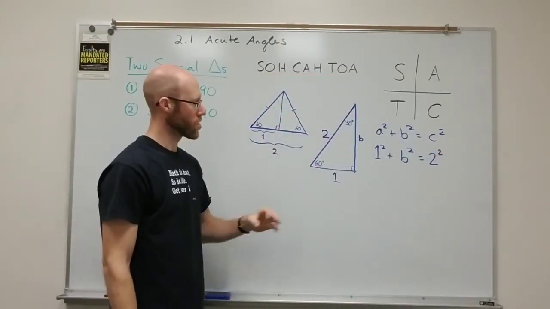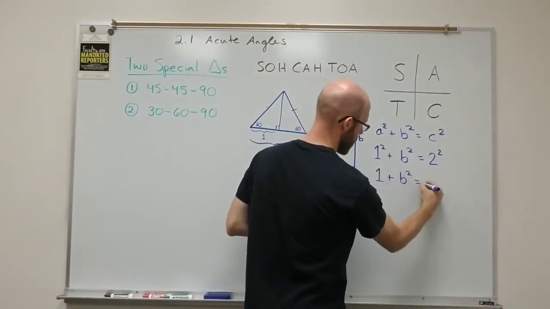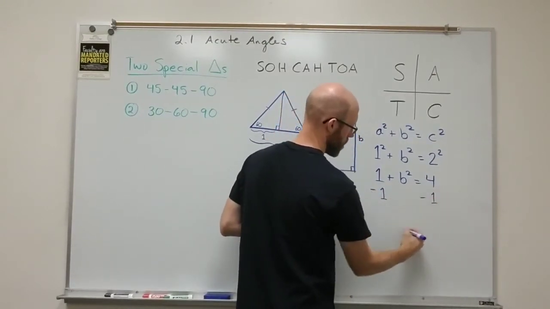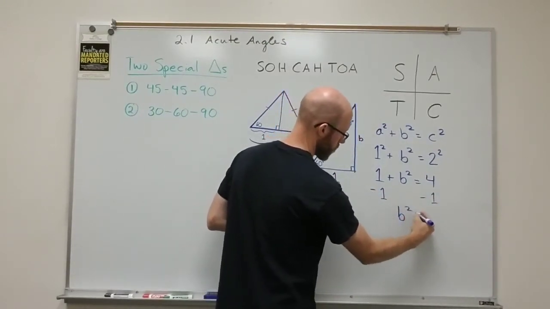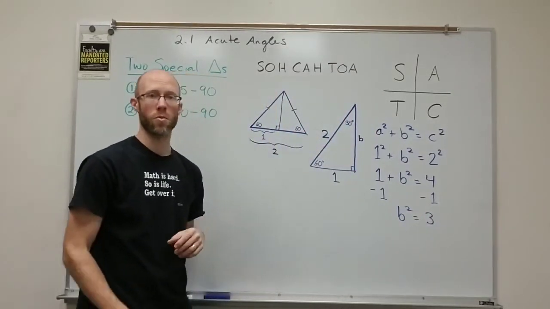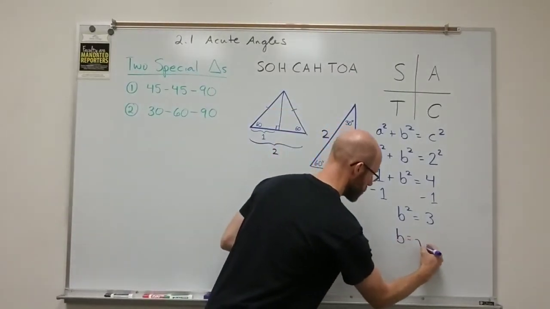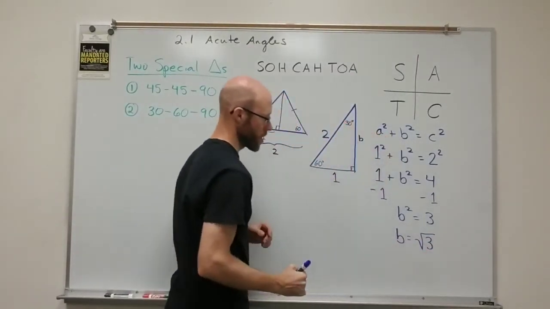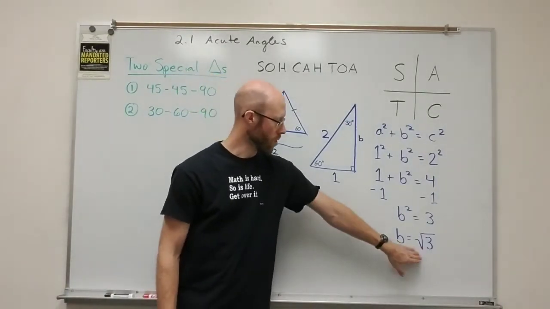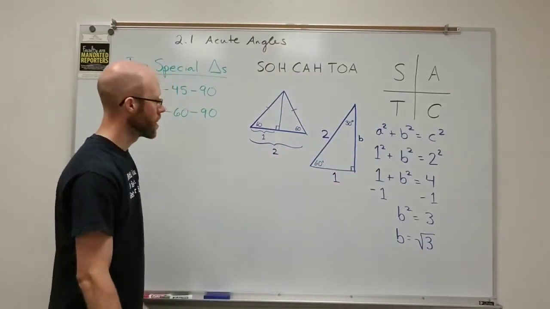Solving for b then, I get 1 plus b squared equals 4. Subtract 1 from both sides. I get b squared is equal to 3. And of course, when we apply the square root property, we get b equal to the square root of 3. Again, I want the positive version of that. So square root of 3 is my vertical side here.